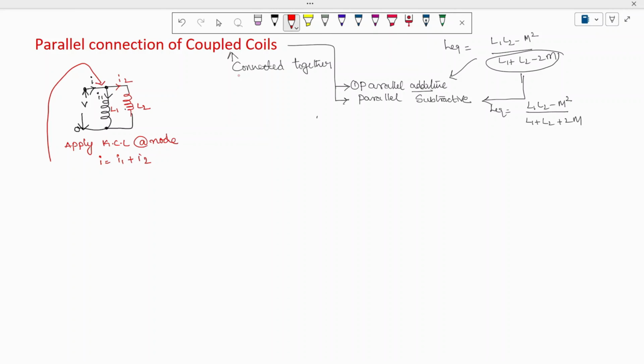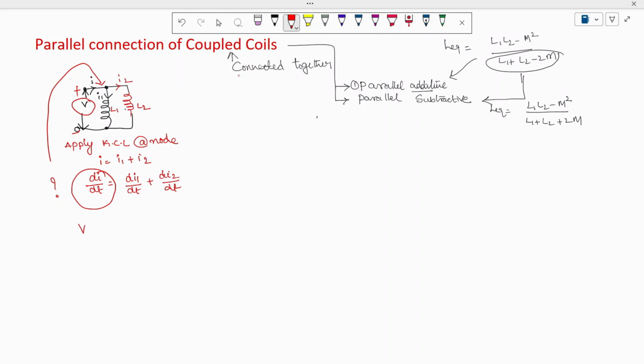From here you can write the differential form, differentiating both sides: di by dt is equal to di1 by dt plus di2 by dt. Now let us try to find the possible combinations of di by dt by substituting into each other. You can see here in a parallel circuit the voltage is the same. So this is the parallel voltage.